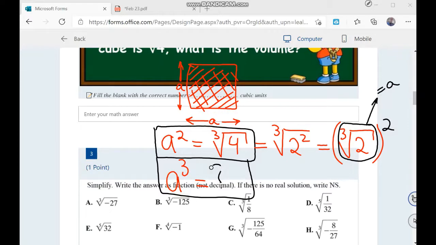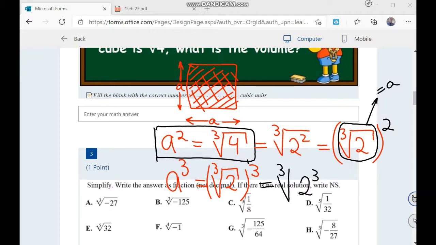Now we want to find a cubed. What are you going to do? You have cube root of 2 is a, and apply the exponent 3, cube. This is the same thing: cube root of 2 cubed, and we can simplify cube and cube, and this equals 2.